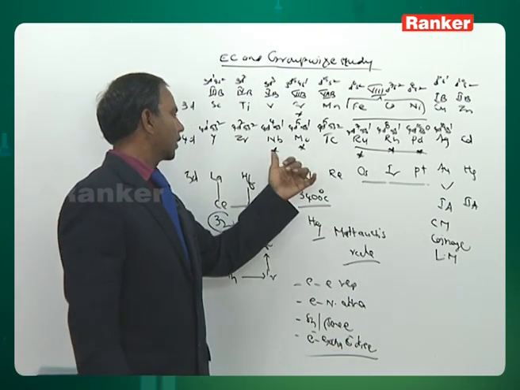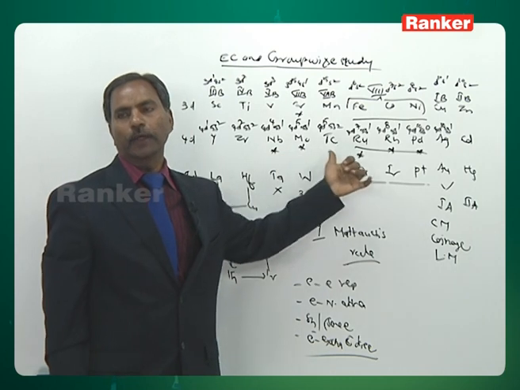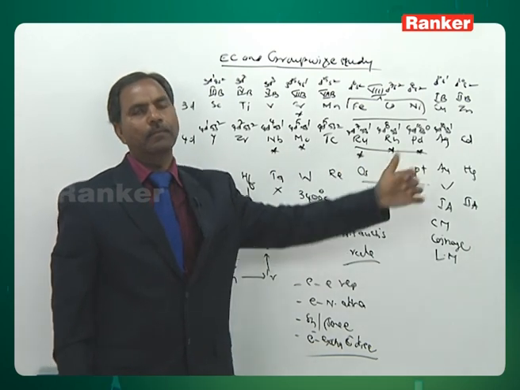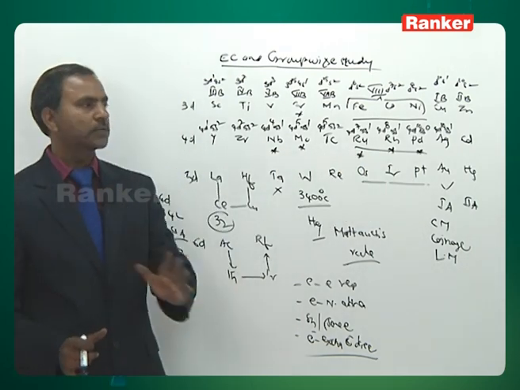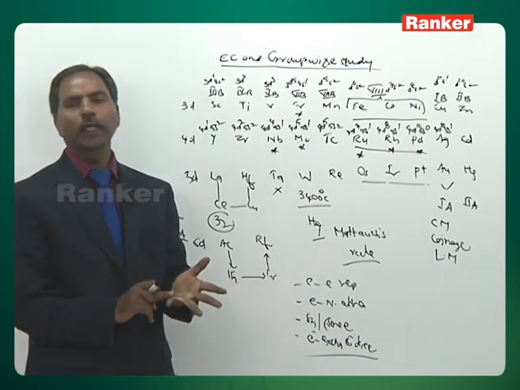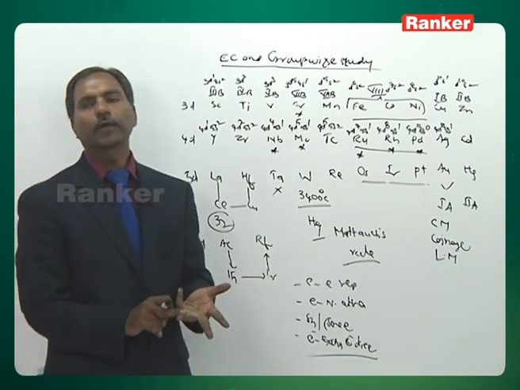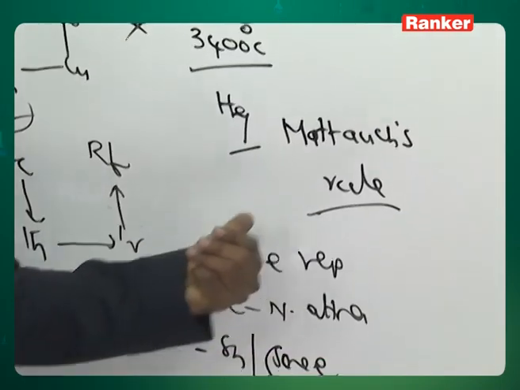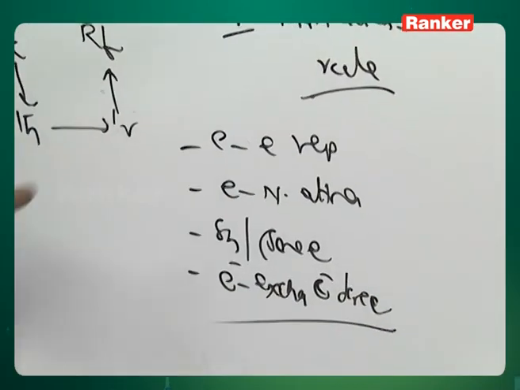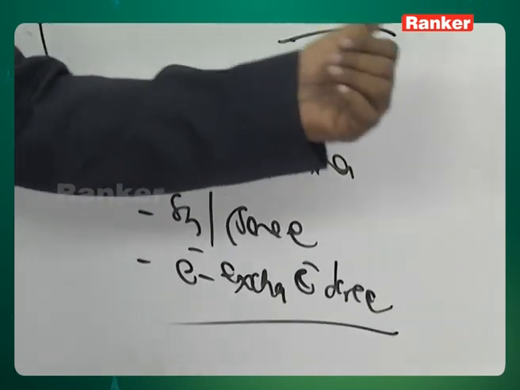So, the abnormal electronic configurations of niobium, ruthenium, rhodium, palladium can be explained based on the following factors. First is what? Electron-electron repulsions, electron-nucleus attractions, shielding or screening effect, or electron exchange energy forces.